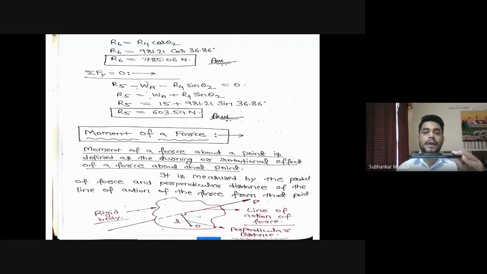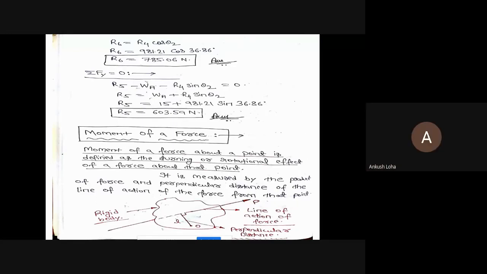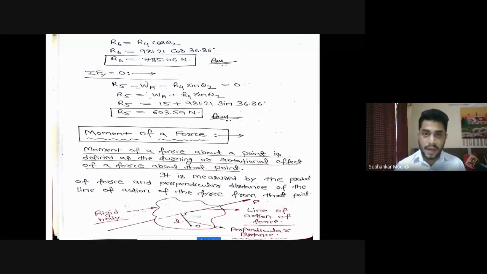Can you see my mobile phone? Yes, sir. Let us assume that this mobile phone is a body, and I am applying a force or a load on this body.